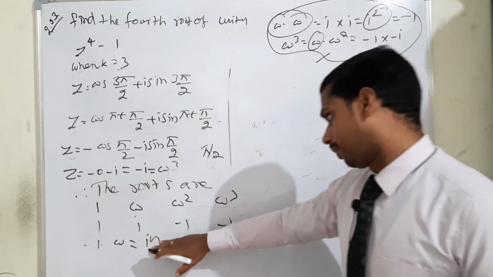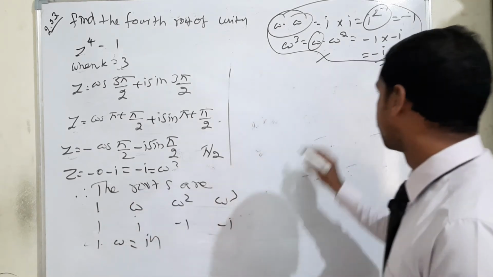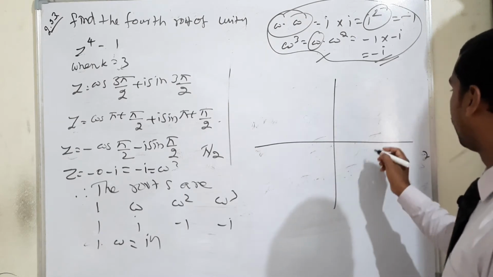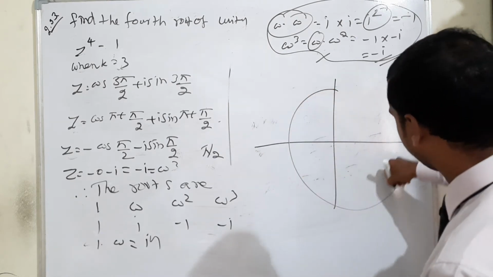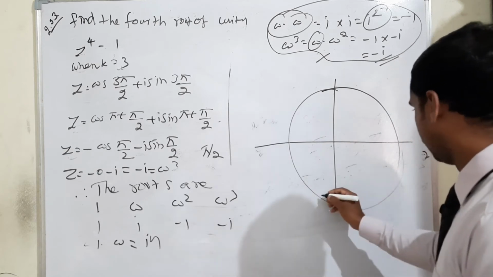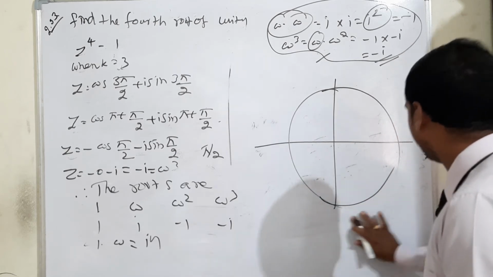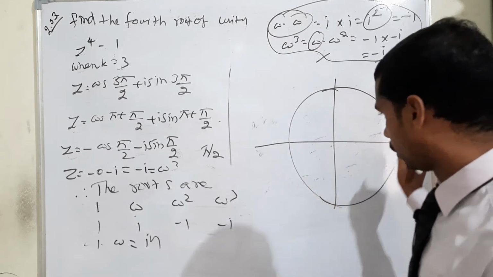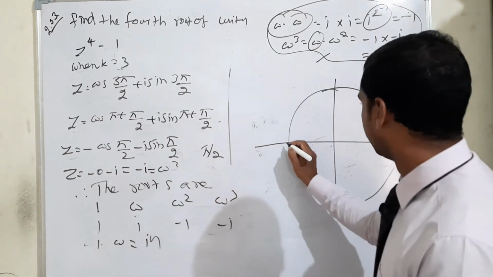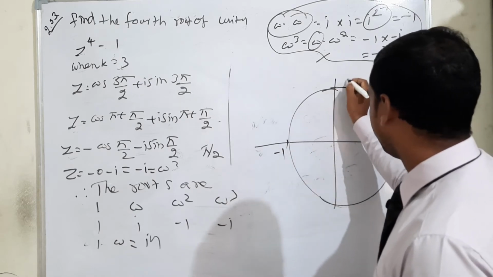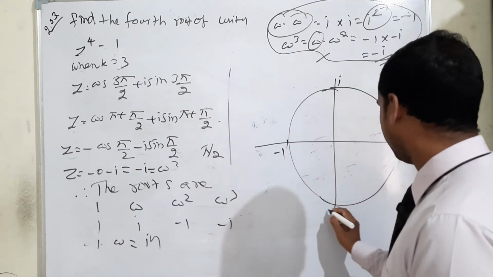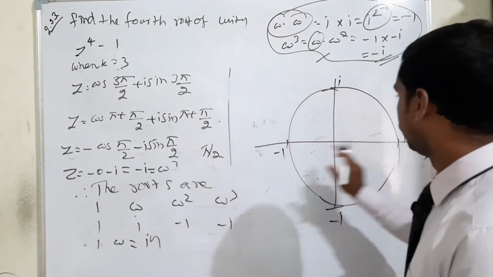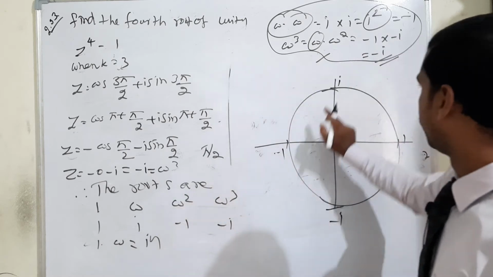Then after writing this term, for the roots we just have to show the unit circle. Unit circle means each and every value can be directly marked on one circle, because we have each and every value in the result. Look at the result: this is positive 1, here we have negative 1. Imaginary roots: this is positive i, here we have negative i.